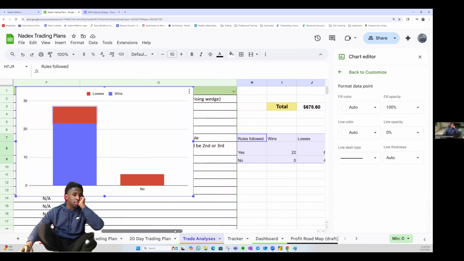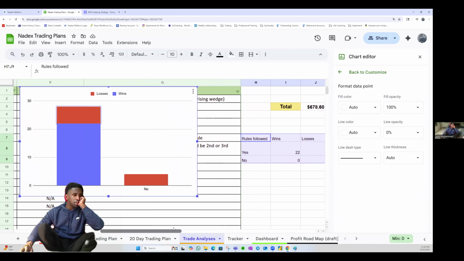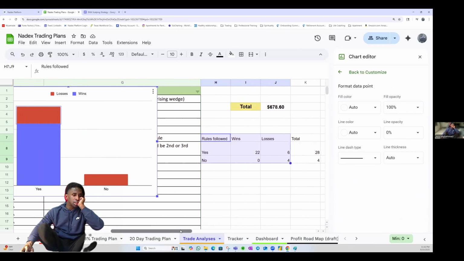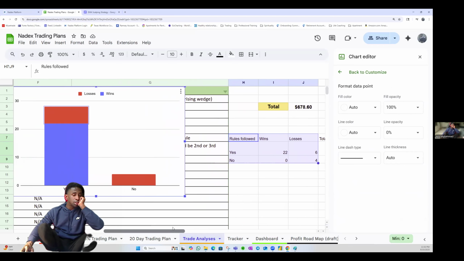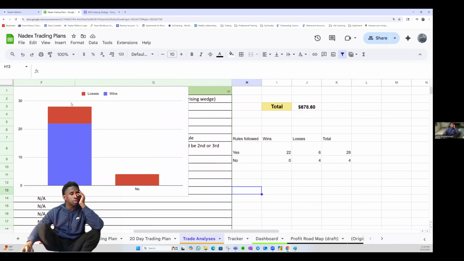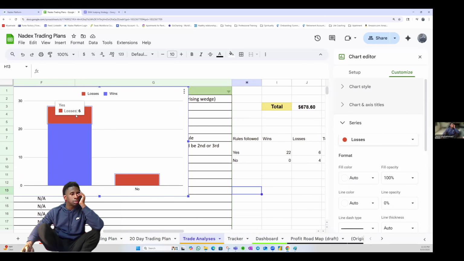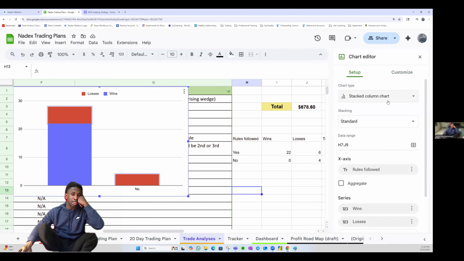My losses. This is clearly 22. And this is, what big number is this? 6. I don't want it to be stacked like that then if that's the case.